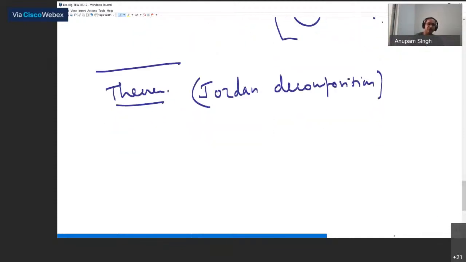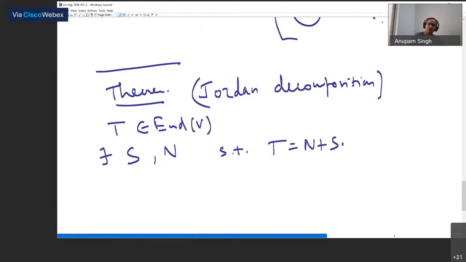For any linear transformation T in End(V), we have the additive Jordan decomposition: there exists some diagonalizable matrix S and some nilpotent matrix N such that T is S plus N and they commute, SN is NS. I'm just writing in short, not in complete detail. So this was the additive version.